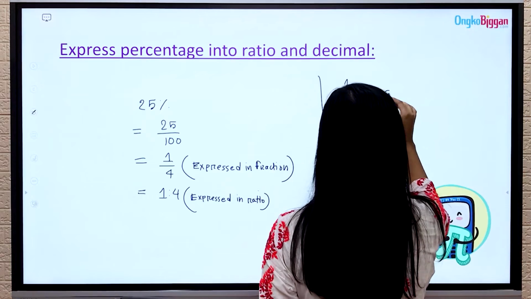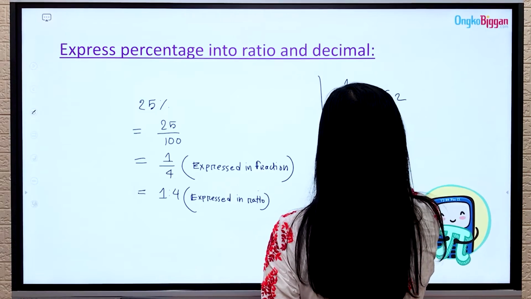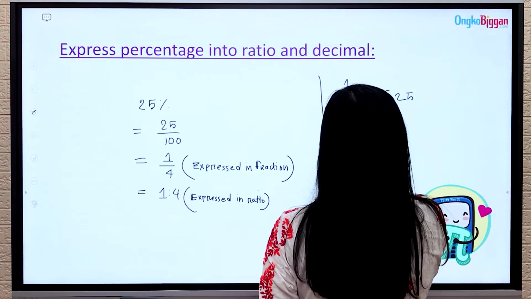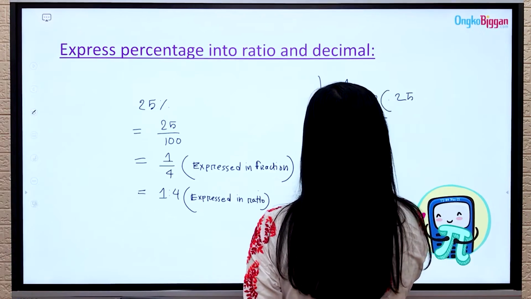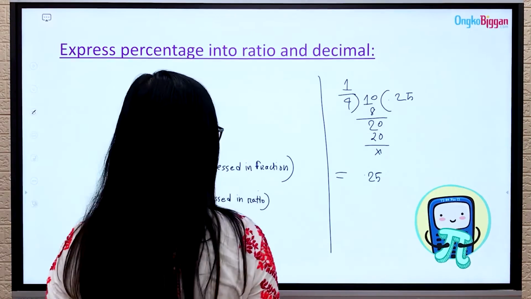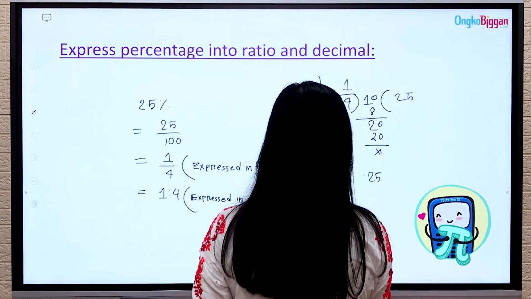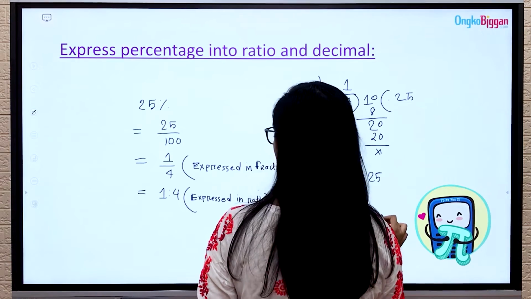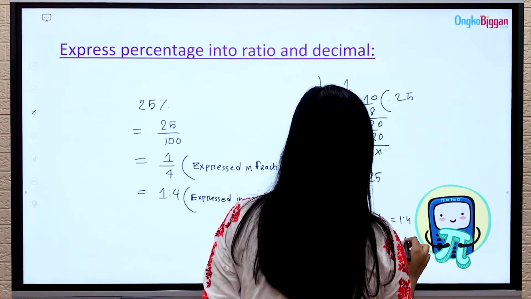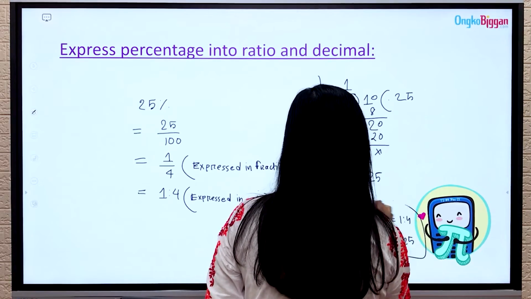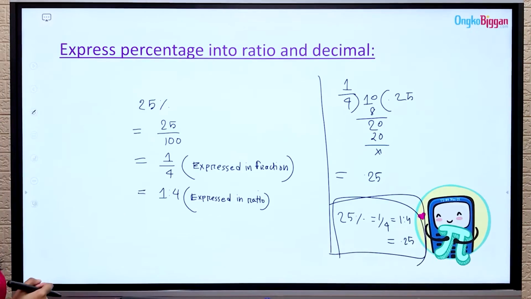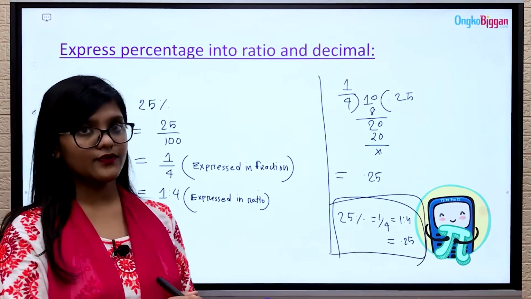We put a point and give 0, 4 2s are 8, 2, then 0, then 4 5s are 20. That means here we are getting 0.25. So 25% can be said equal to 1 by 4, also equal to 1 is to 4, equal to 0.25. All these expressions are the same. So in this way, you can express one form in another form.